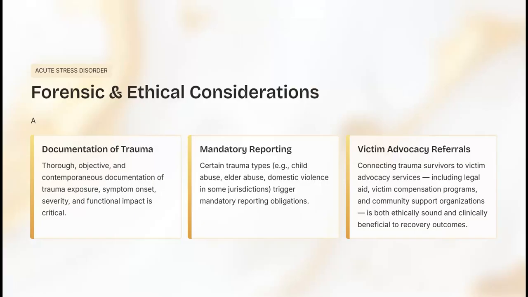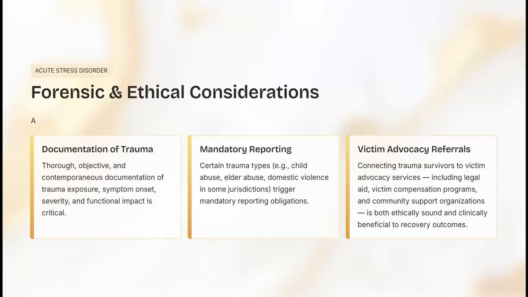Common triggers for reporting: child abuse, elder abuse, domestic violence. Though, of course, domestic violence reporting varies by jurisdiction. Most states are going to require elder abuse and child abuse to be reported. So you can't just report domestic violence unless you're in a state that allows that.